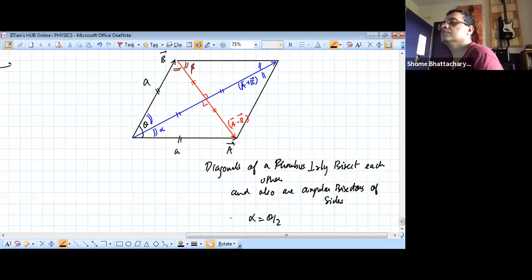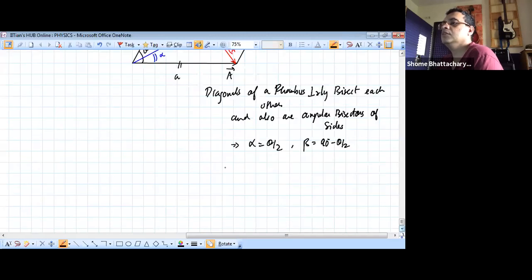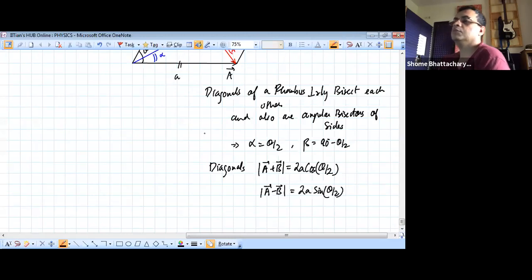So alpha becomes theta by 2, beta becomes 90 minus theta by 2, and the diagonals become like this.